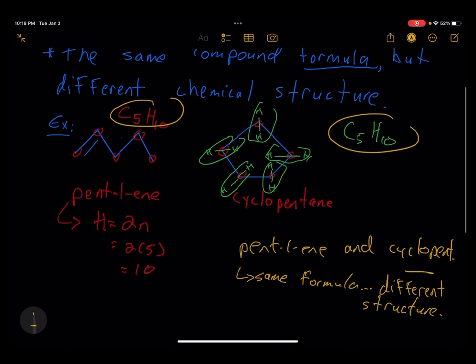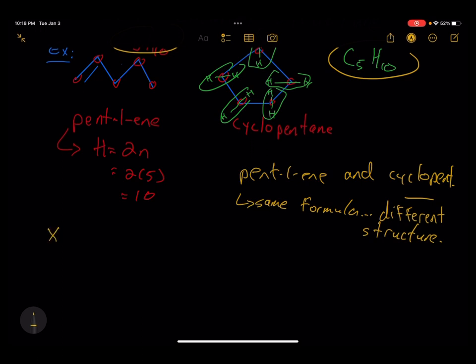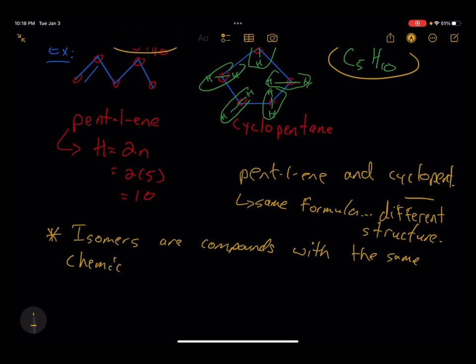And so what we can say for organic chemistry, and I'll put a little asterisk over here, is that isomers are compounds with the same chemical formula, and by chemical we mean empirical formula, but different structure.